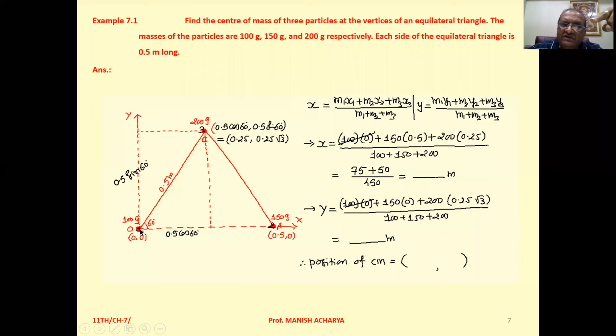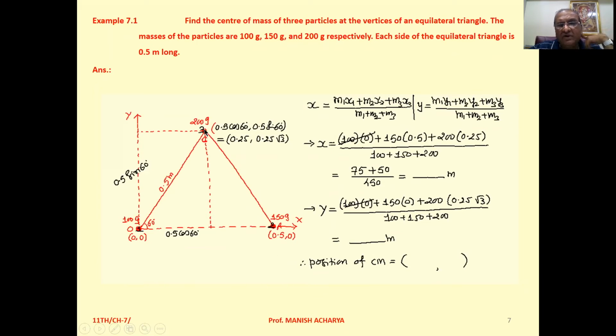Particle 1 is at origin, so x1, y1 both are 0, 0. Particle number 2 is on x-axis at a distance 0.5 meter. So x2 is 0.5, and y2 is 0.